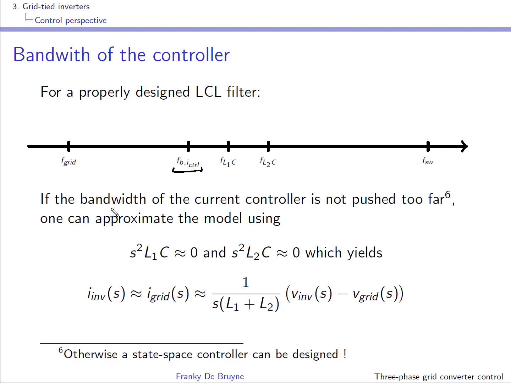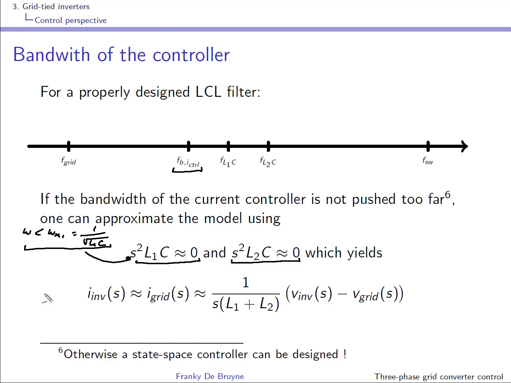So this means that we are working with frequencies that are smaller than the natural frequency of the LC filter, okay, and this is going to be 1 over the square root of L1C, for instance. So if you're working at those frequencies, this is equivalent to saying that in the model that we have obtained previously, these quantities here are very small, okay.